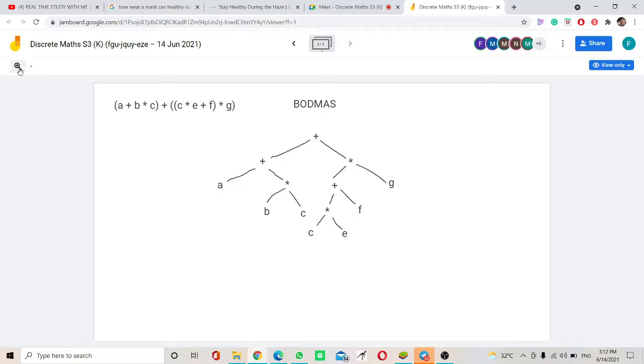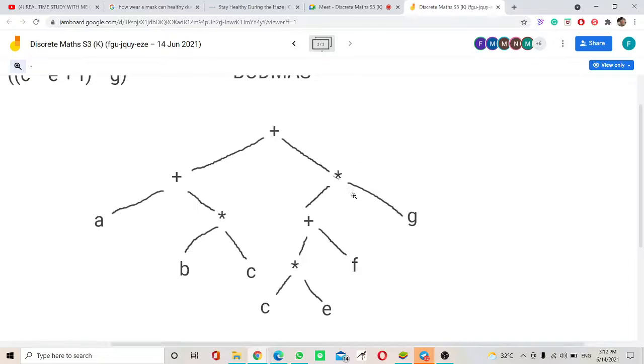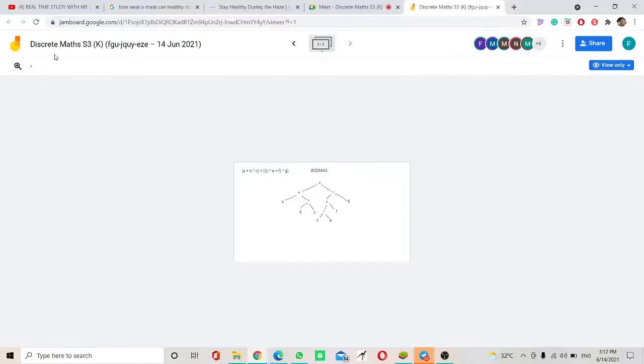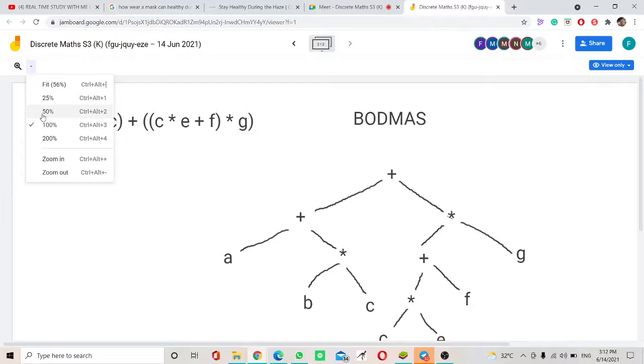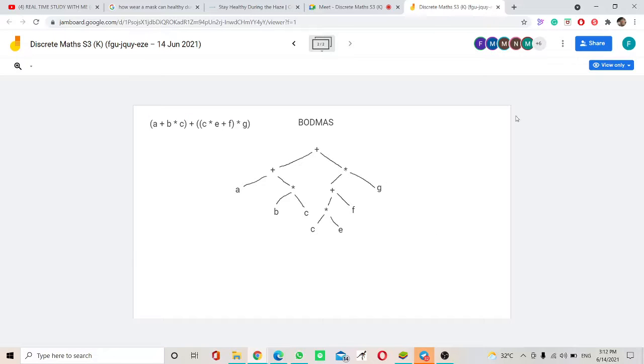N stands for the root node, L is the left child, R is the right child. So we go to the root first, then the left subtree and the right subtree. Or N, we can call it the current node that we are looking at now.